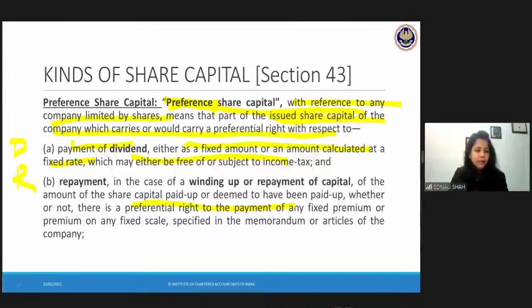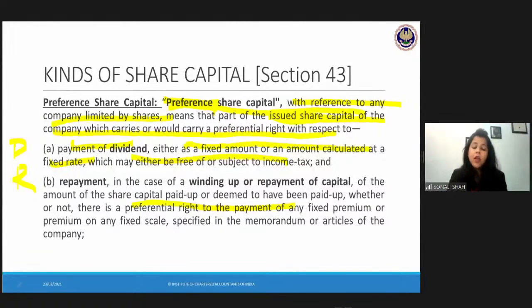Apurva is asking me, ma'am, do preference shareholders have voting rights? Yes, preference shares have voting rights, but only on the matters which directly affect them. Whenever there are matters which directly affect their rights, they have a right to vote on it.